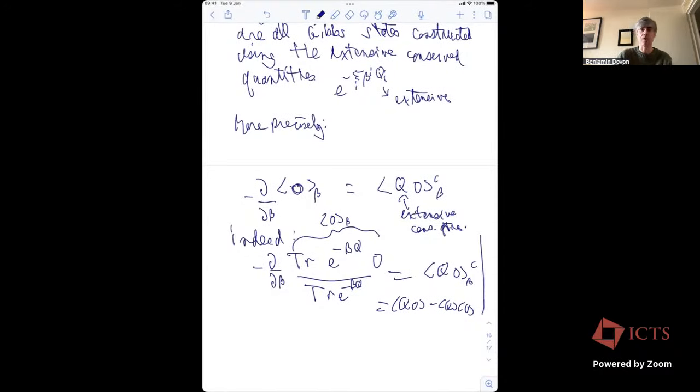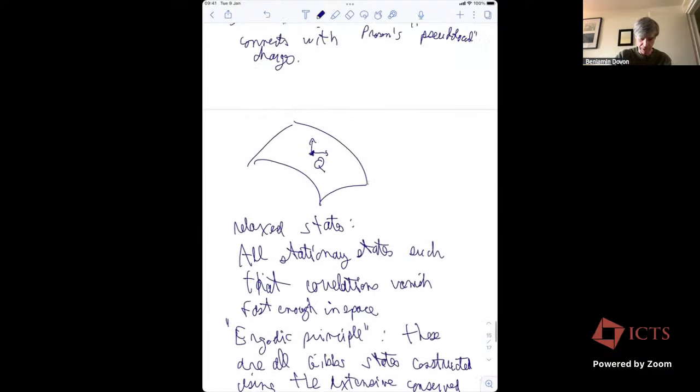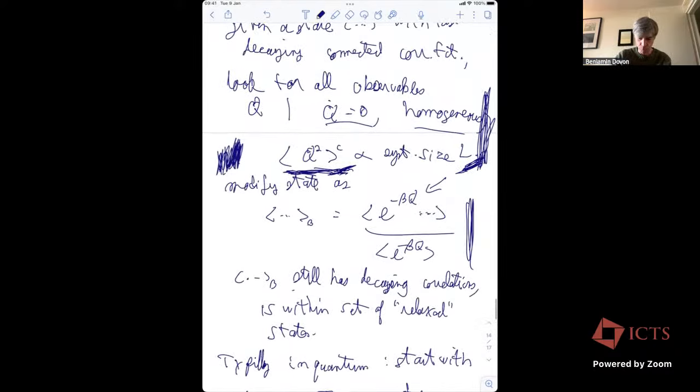What is actually happening and why you need extensive conserved quantities, defined in the particular way that I did at the last part of last class. So the particular way was this way, right? With Q squared proportional to system size. So there are all these connections.